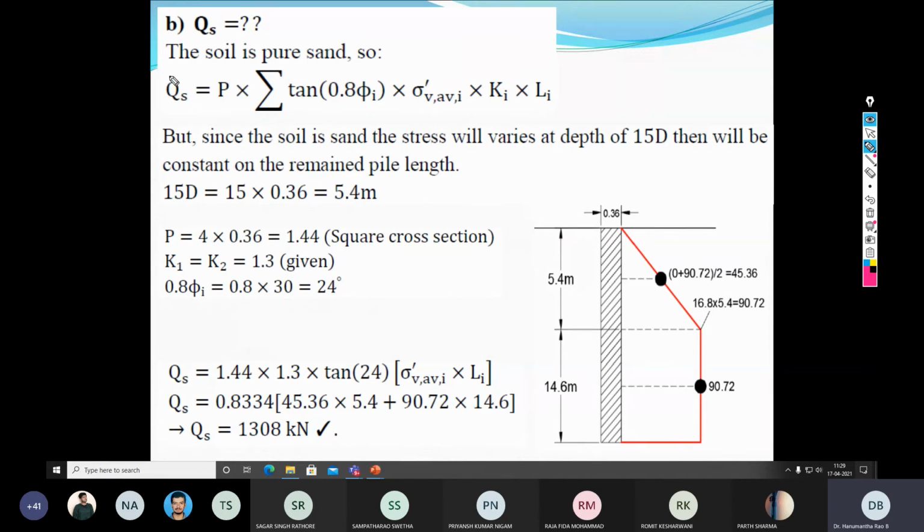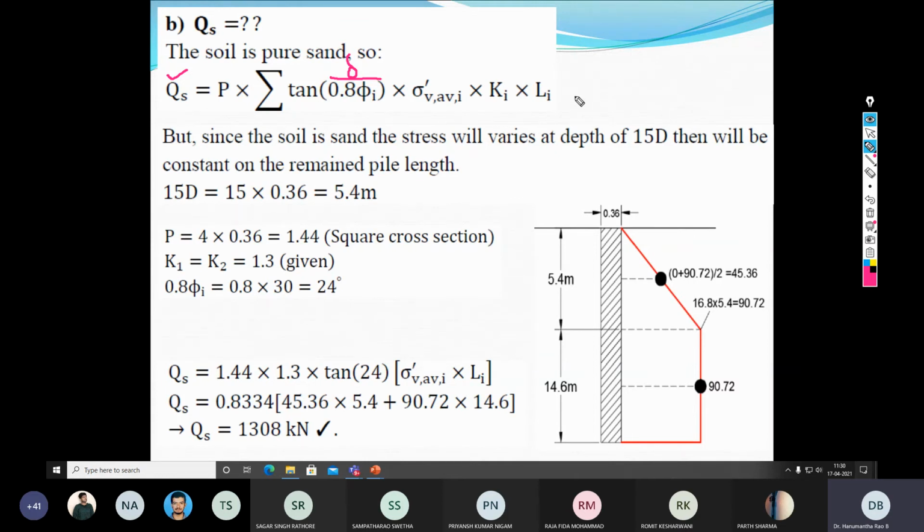The equation for skin friction QS is P into summation of tan delta, where delta, the product of 0.8 multiplied by phi, is the soil pile friction angle, multiplied by sigma V dash into Ki into Li. So this is the equation to calculate the skin friction capacity by the Meyerhof theory.